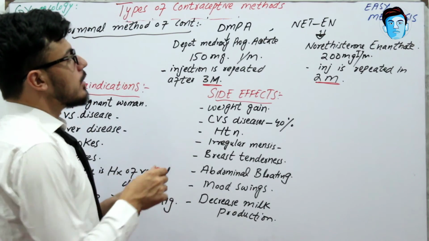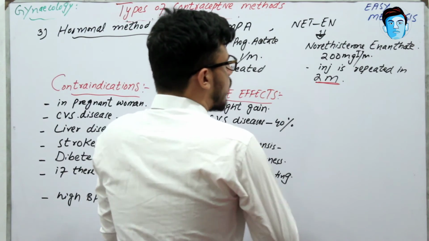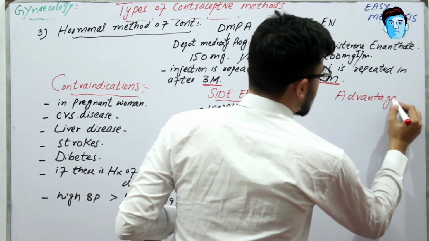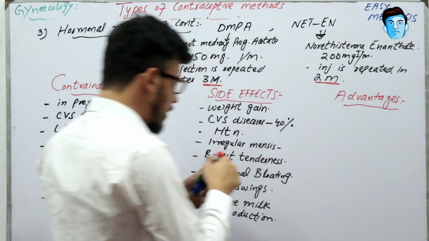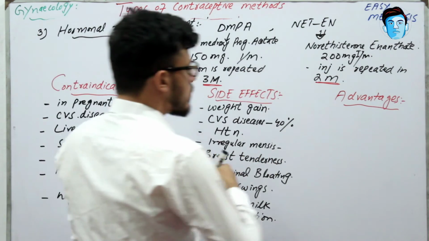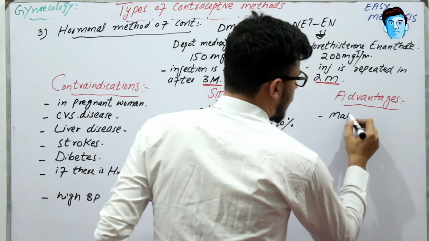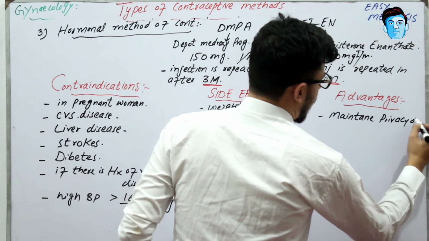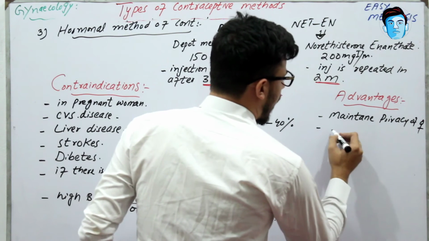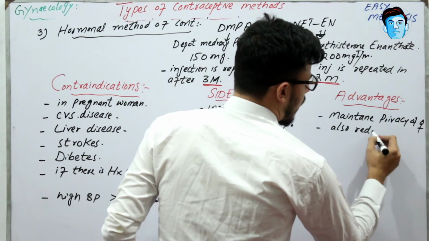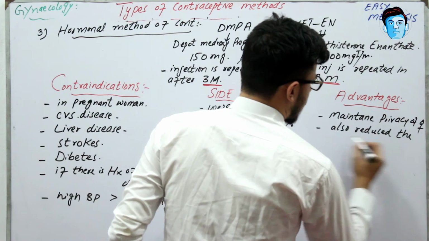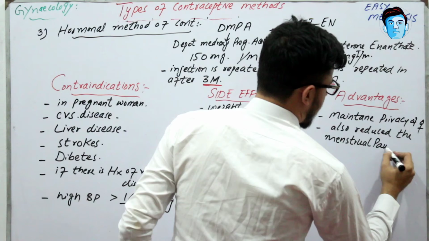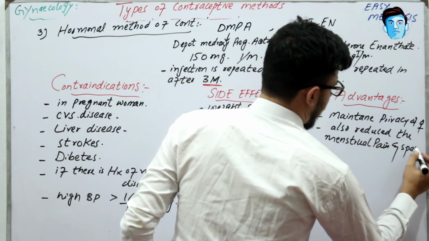Now DMPA also has a few advantages. So what are those advantages? The first one is that it maintains the privacy of the female. It also reduces menstrual pain and spasm.